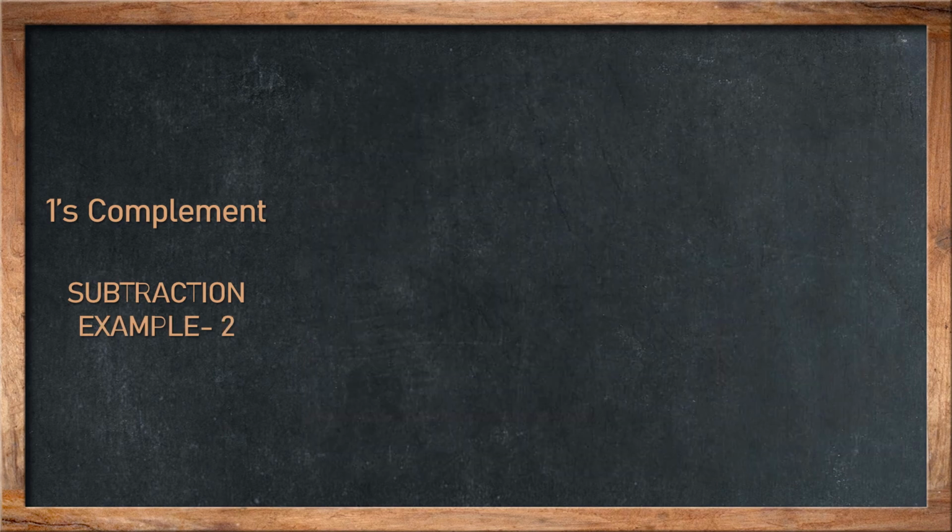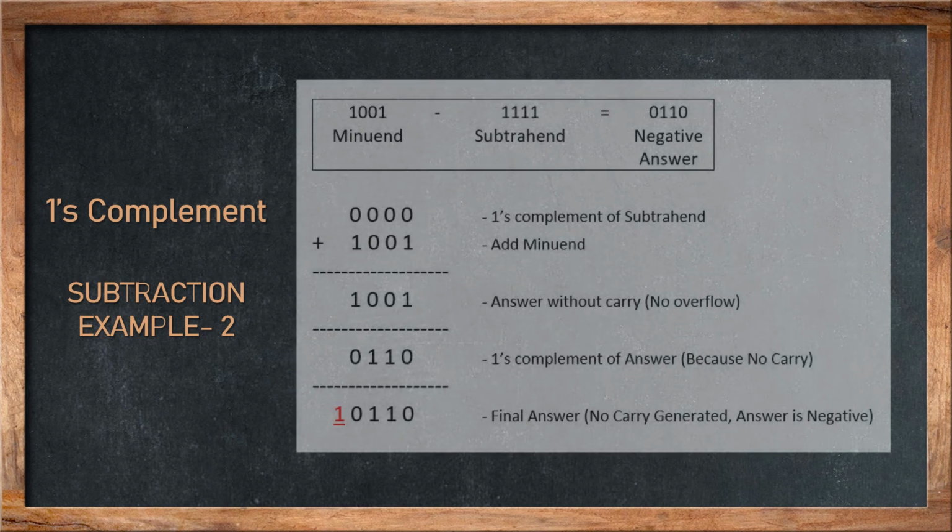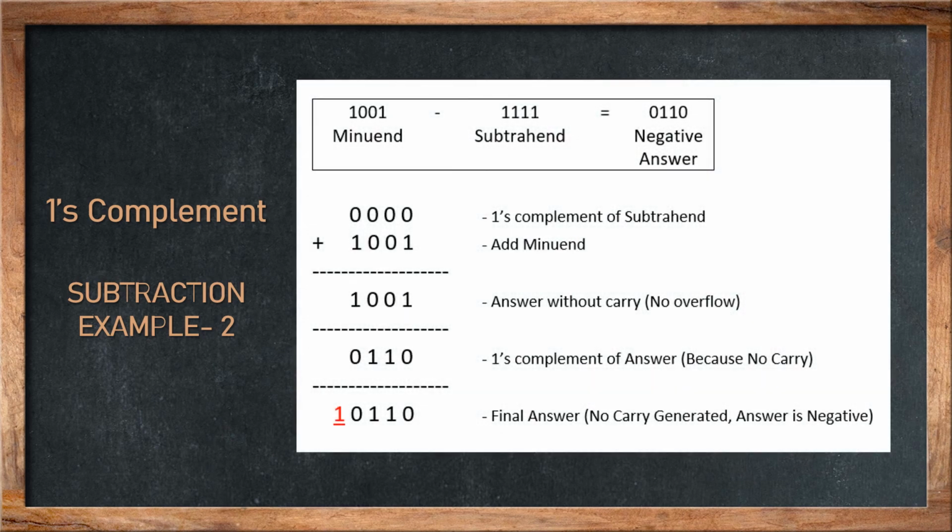Okay, now let's see the second example for the ones complement. Now we are very much familiar with the rules, so we apply the same rules in this calculation. Here we have two values, 1001 and 1111.